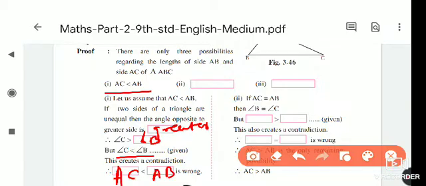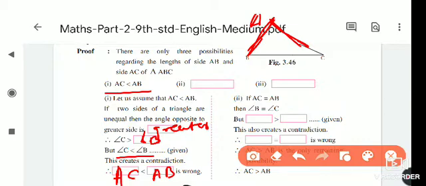If I draw the triangle here for understanding, this is our triangle, triangle ABC. In this triangle ABC, we just proved that if sides of a triangle are unequal, then the angle opposite to the greater side is greater.